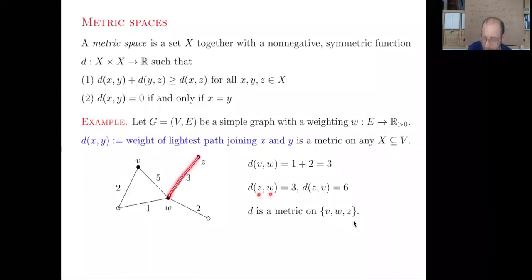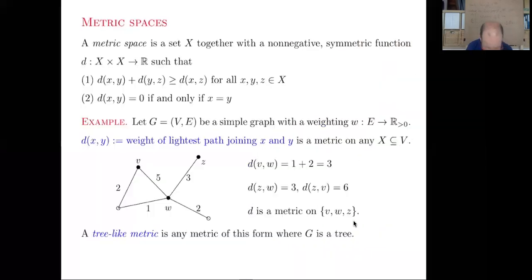There is only one path. The distance of Z and V is 6, because the shortest path is this, right? D is a metric on these 3 elements. So that's what I think when I see these graphs with white and black dots, right? I have a graph with weights, and then the black dots are going to be the elements of my metric space. I hope this answers the question before.